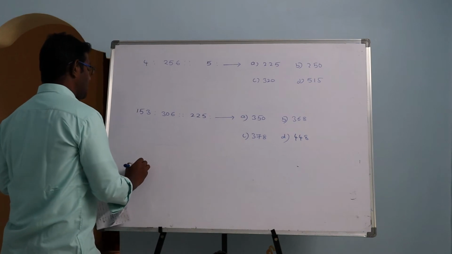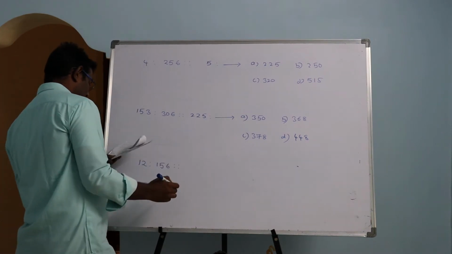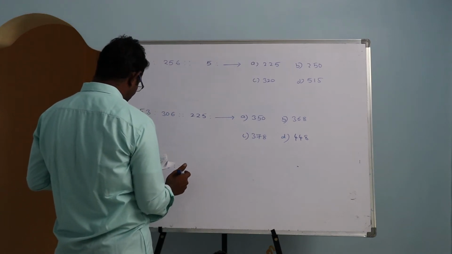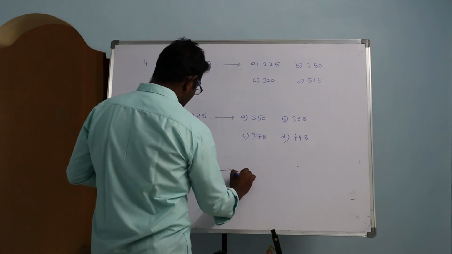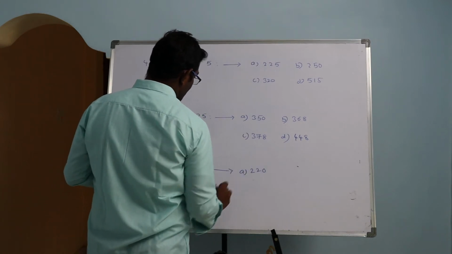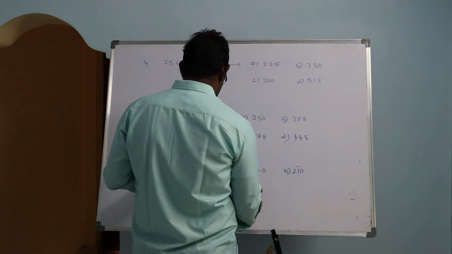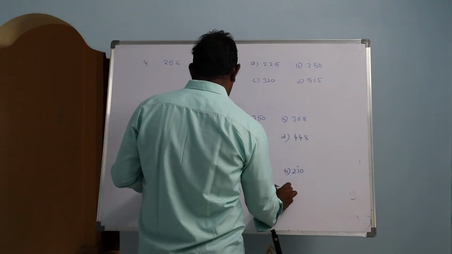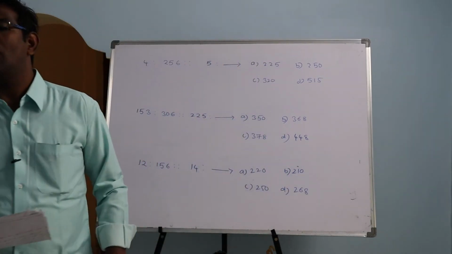Next bit: 12 is 156 as 14 is dash. Option A 220, option B 210, option C 250, option D 268.